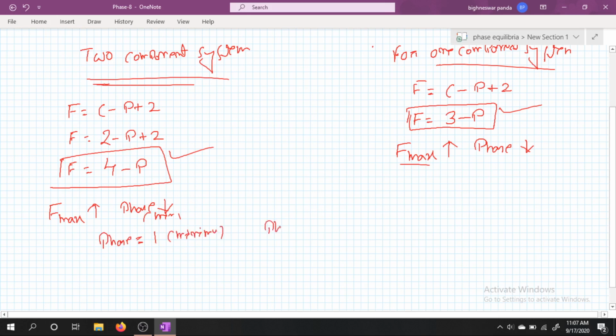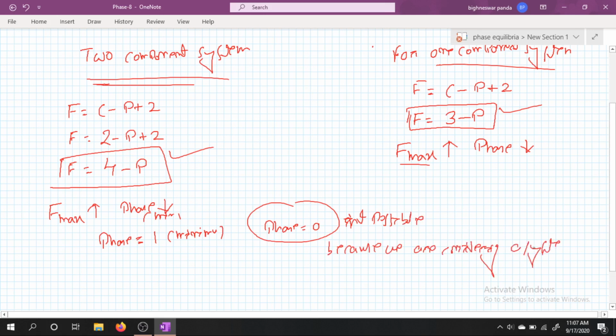If I consider phase equal to 0, it is not possible, because we are considering a system. So the minimum phase should be 1.